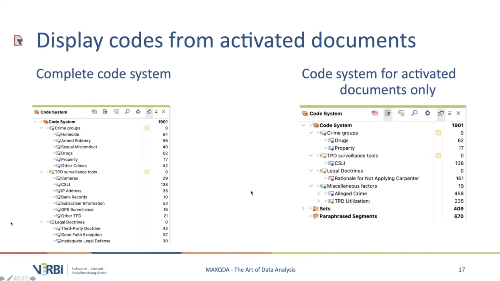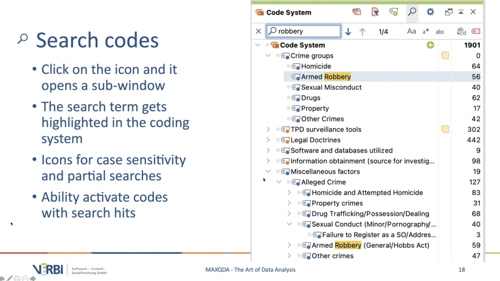The other thing, when you're coding your projects, the search tool is also important, because sometimes you'll have a really big coding system and you're trying to find a code that you've created, and you click the search button. I type in the word robbery, and immediately the two instances where that word appears in code names shows up.